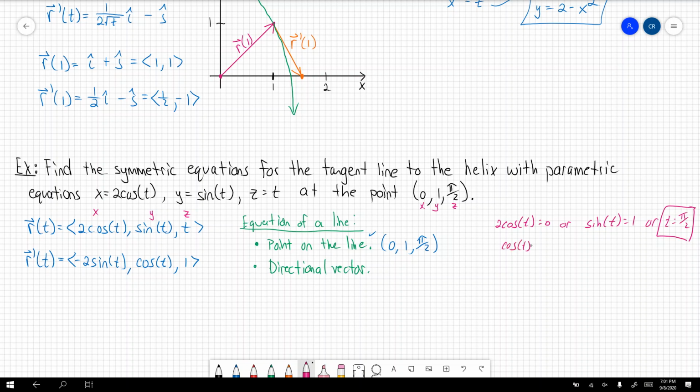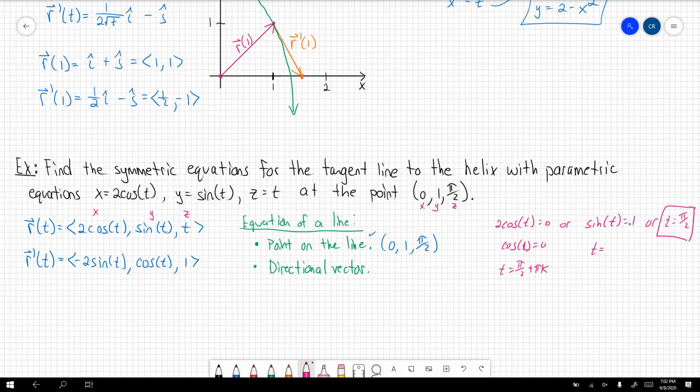Cosine of t equal to 0. Well, when does this happen? Well, it could happen at t is equal to pi halves plus pi k. All right, that's nice, but they give us a value here for t, which is just pi halves, so we don't need that pi k. And then we need sine of t is equal to 1.